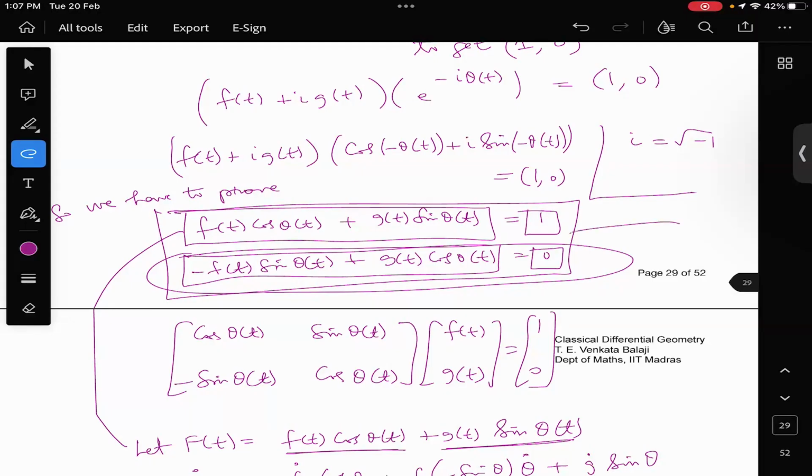So you have proved this pair of equations, but that is equivalent to proving f t is cos theta t, g t is sin theta t, because that's where we started from. Therefore you have proved the existence of a turning angle.